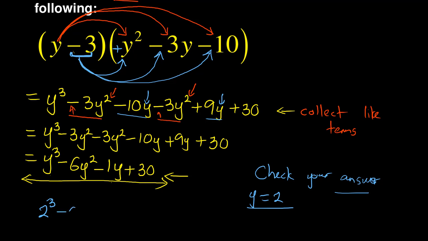So it's minus 6, I'll put a bracket, and where there is y squared now is 2 squared. I'm putting a bracket because of that 6. Minus 1, I'll put a 2 there, plus 30. You can see I'm doing what is called substitution.